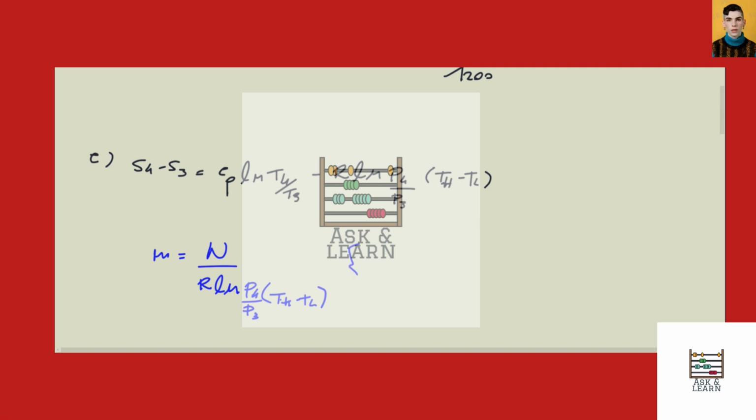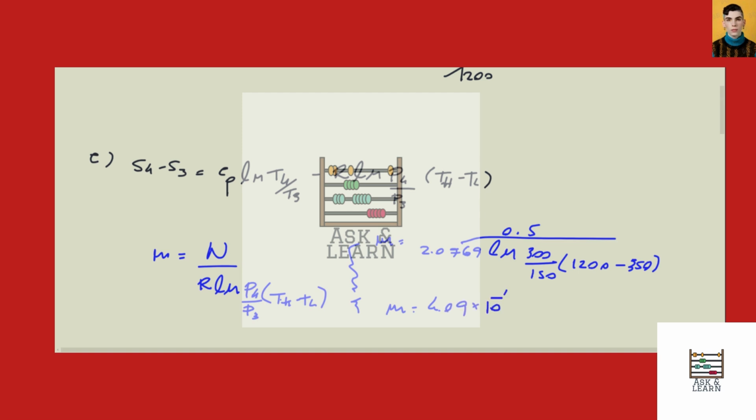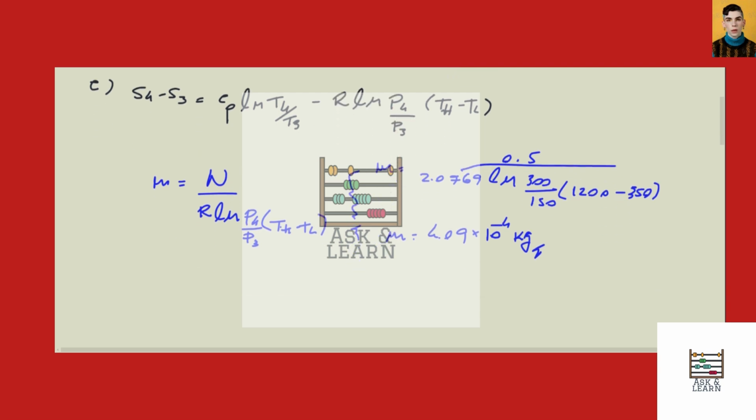And this is going to be equal M equals 0.5 divided by 2.0769 natural log of 300 divided by 150, times 1200 minus 350. Therefore, the mass in this problem is going to be 4.09 times 10 to the minus 4 kilograms. And that's the final answer to this problem.